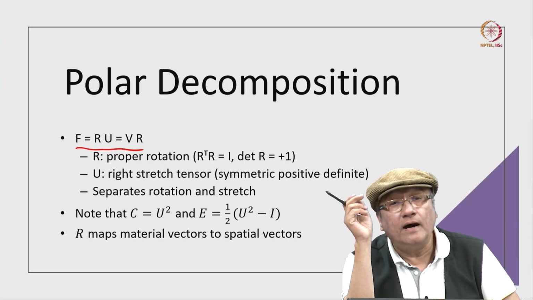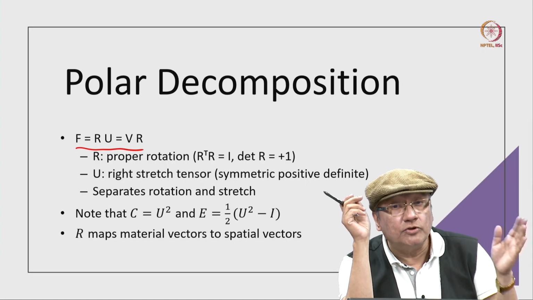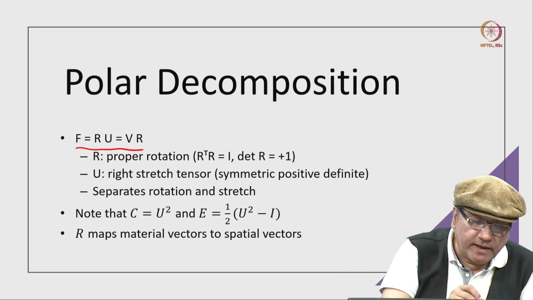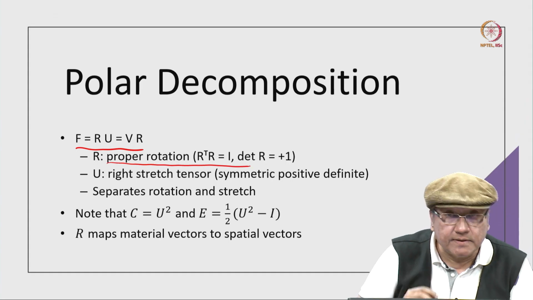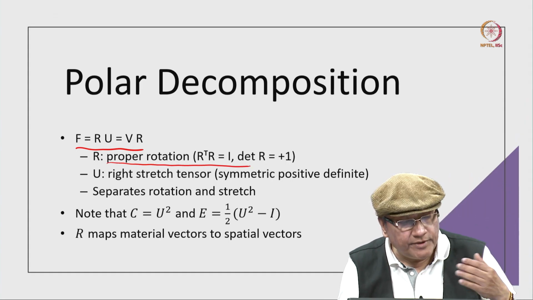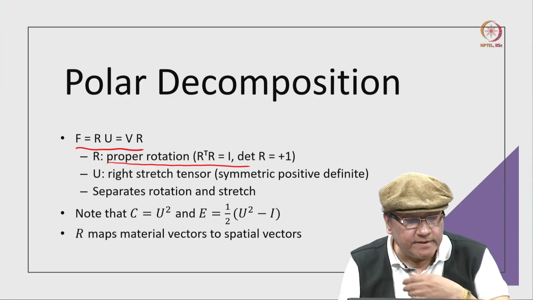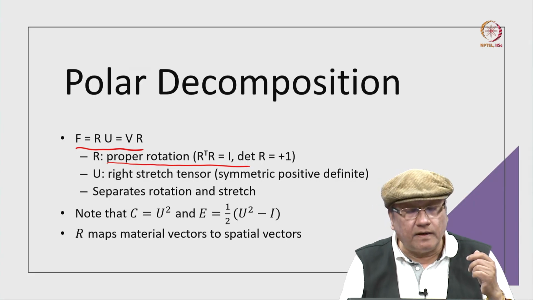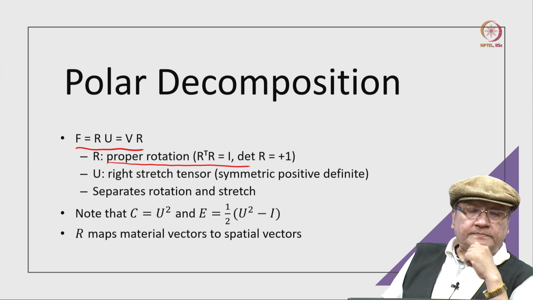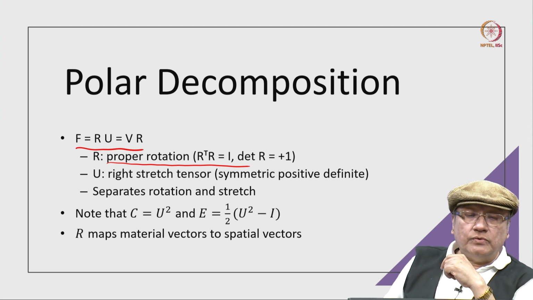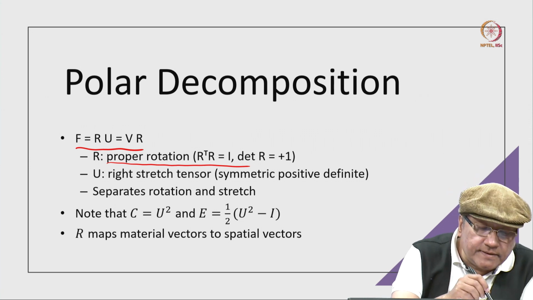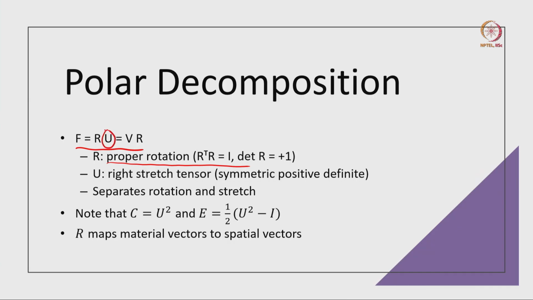What is R? R is a proper orthogonal matrix, as we have shown here. We require that R transpose R is the identity matrix and the determinant of R is +1, right. U is called the right stretch tensor and V is called the left stretch.